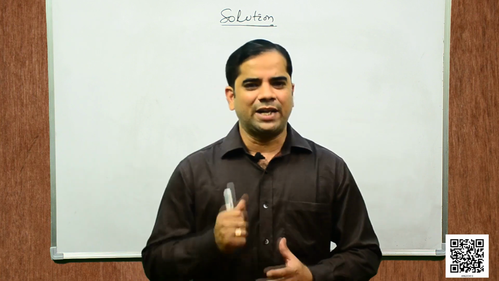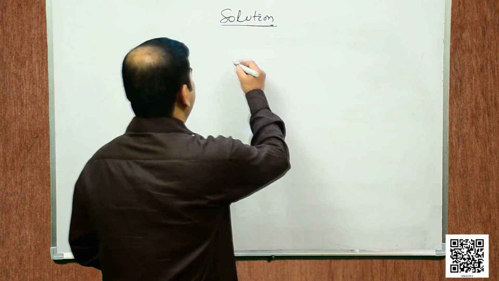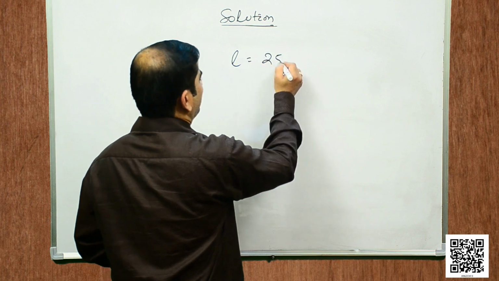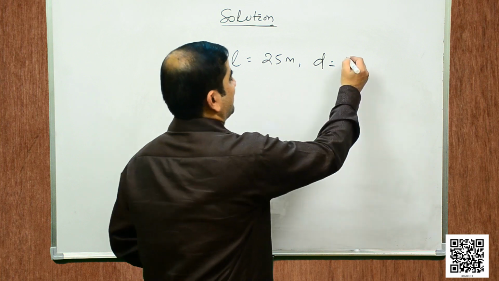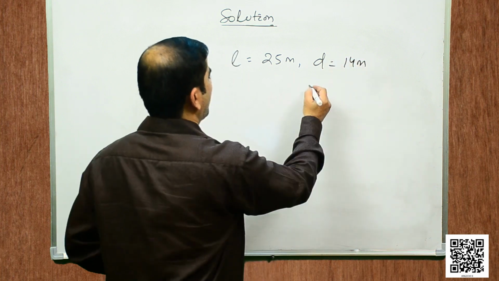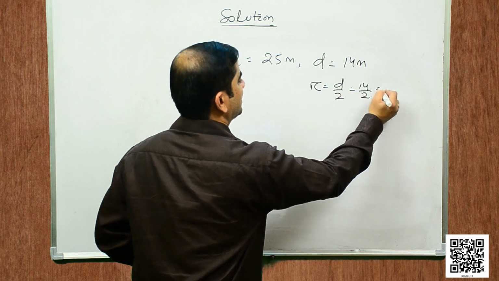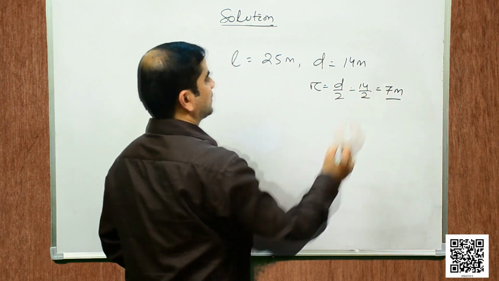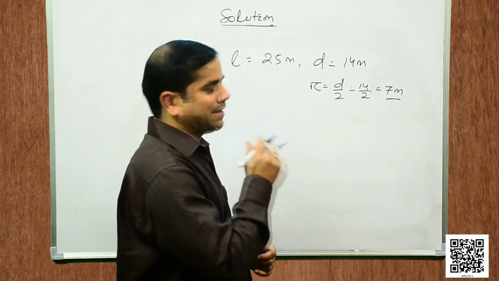Okay. Students, as per the given data, L is equal to 25 meter and D is equal to 14 meter. So R will be equal to D by 2, that is 14 by 2, 7 meter. So we have L 25 meter and R 7 meter.